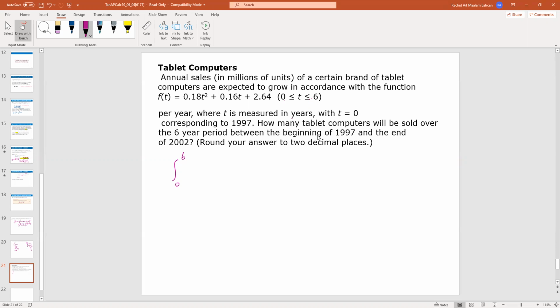So the area under the curve covers from 0 to 6, and 6 here represents 2002, and that's f of t dt. So 0 to 6 of 0.18 t squared plus 0.16 t plus 2.64 dt.